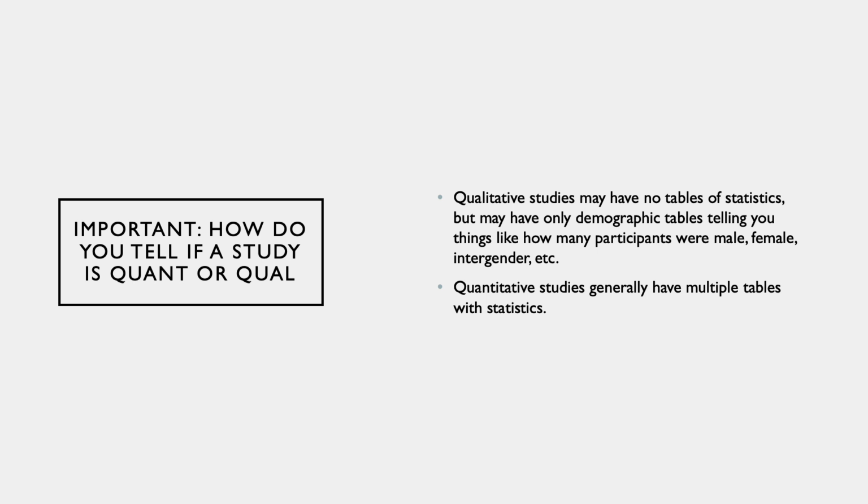Those are studies that may have no tables and only demographic tables telling you things like how many participants were male, female, intergender, etc. Or they may be quantitative studies, and there will be times I will say I want you to get quantitative studies. These generally have multiple tables that are more than demographics, and they have statistics.